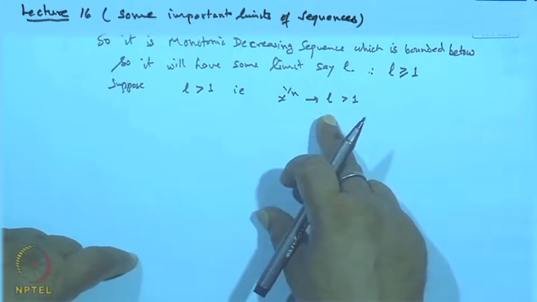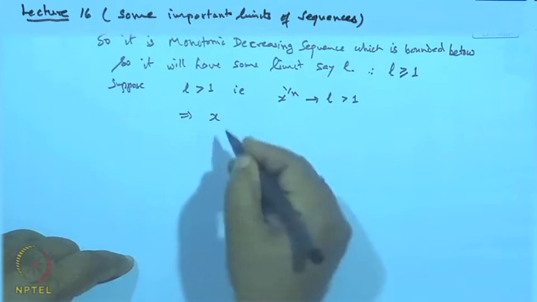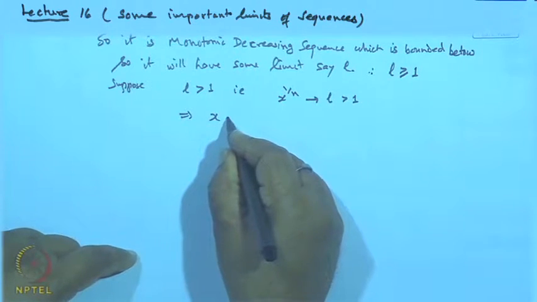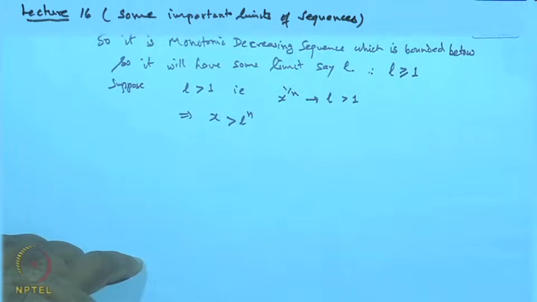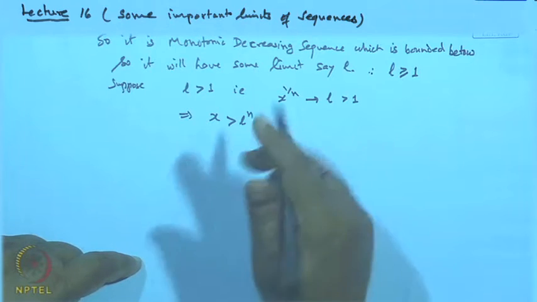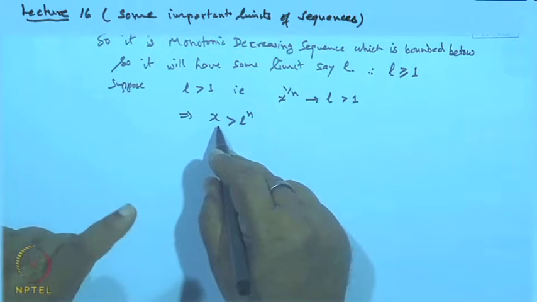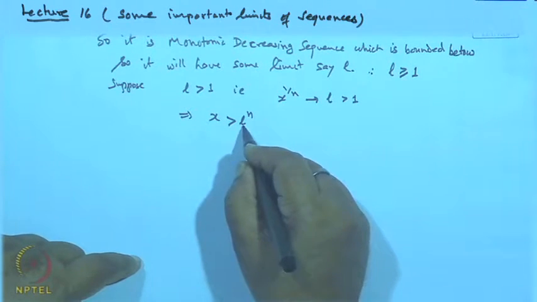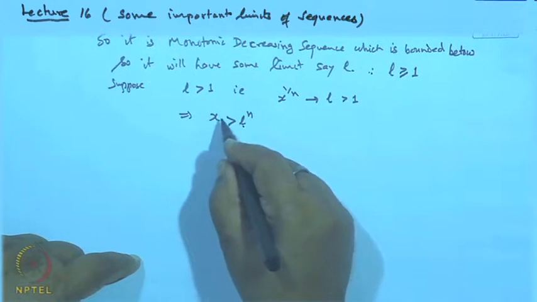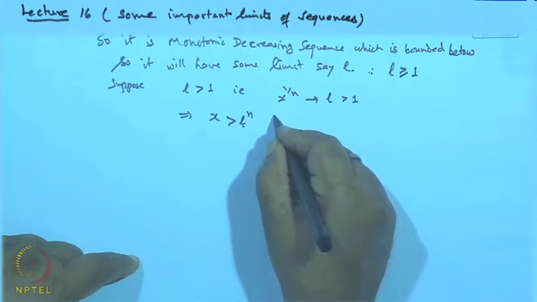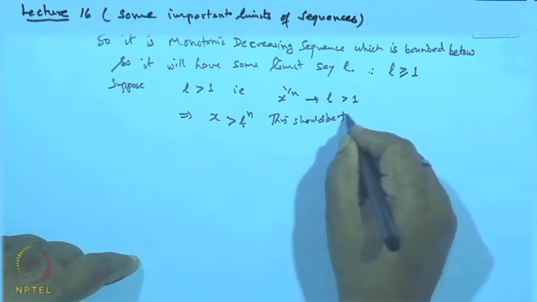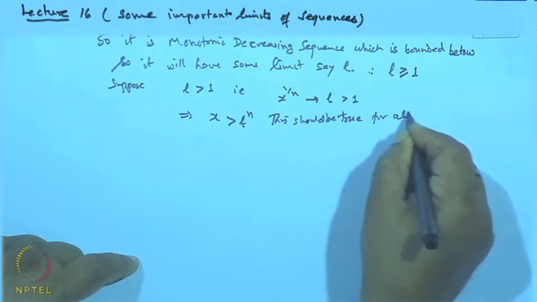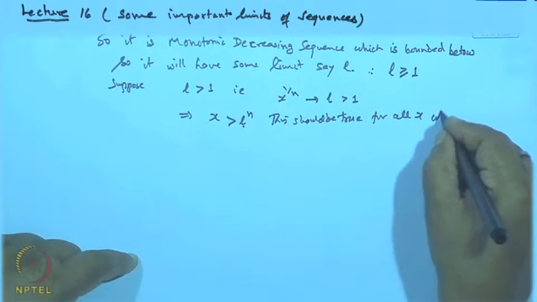Now, this shows that x must be greater than L to the power n, and this should be true for all n. But when L is greater than 1, this is not true for all n, which gives a contradiction.